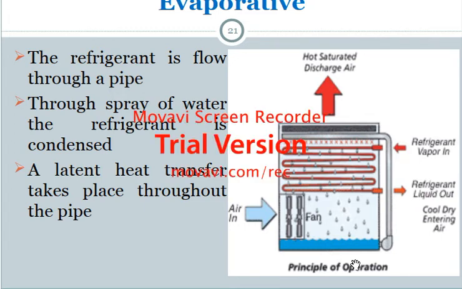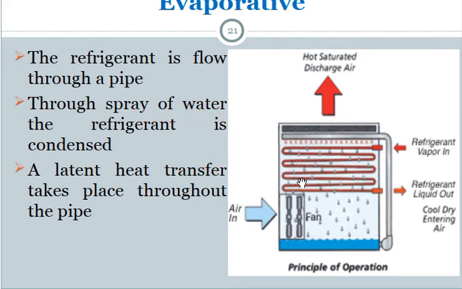Then we use the fan to push air over the refrigerant. The refrigerant flows through the pipe. Through a spray of water, the refrigerant is condensed. So latent heat transfer takes place through the pipe.